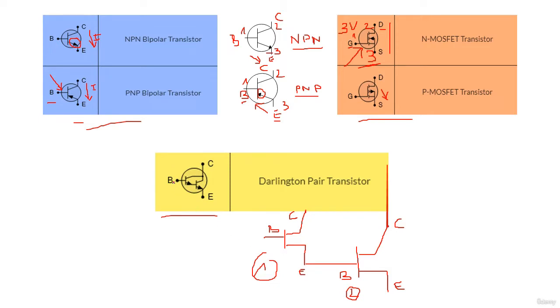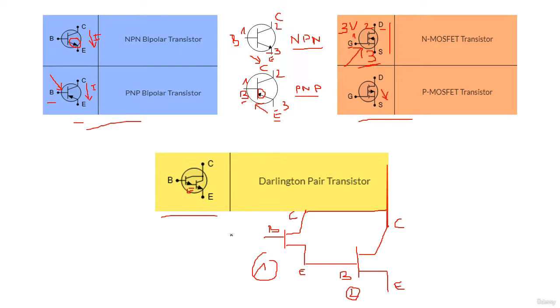As you see here, we have the base of the first transistor, and we have the collector. The collectors of both transistors are connected together, and the emitter of this transistor goes to the base of this one, and we have the emitter of the second transistor.